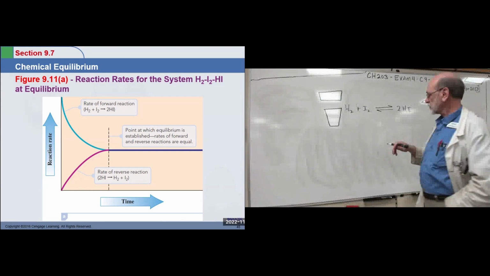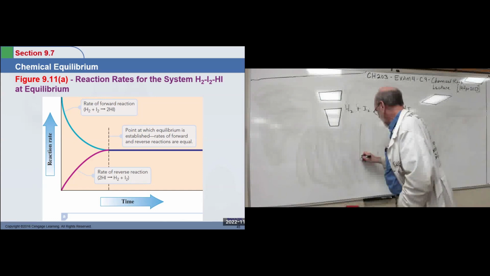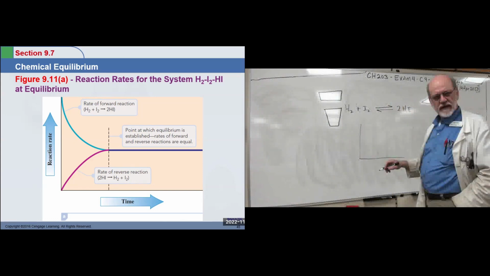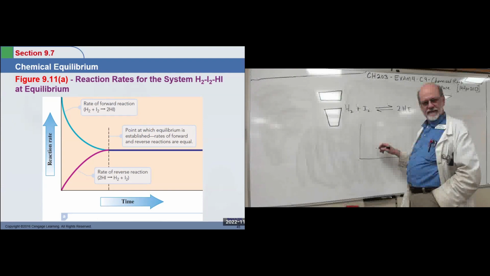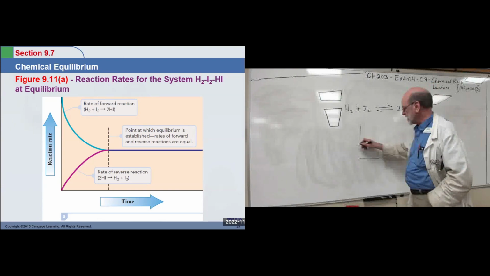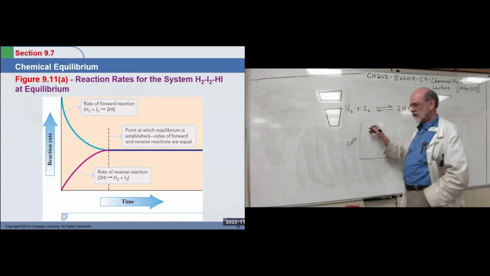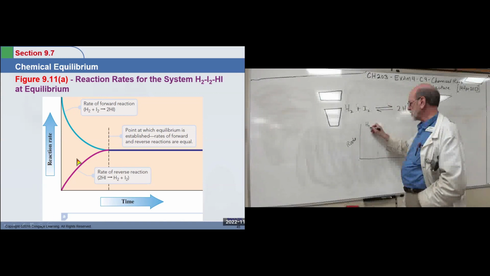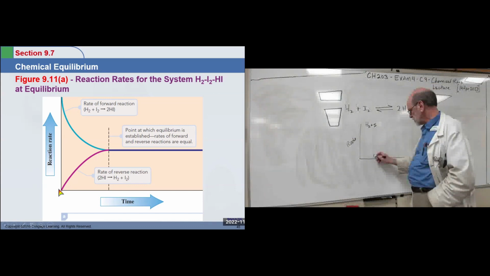Okay? That slide shows the reaction rate on this scale. So we have reactants up here, and we have products down here.